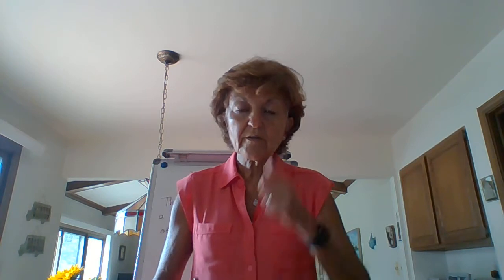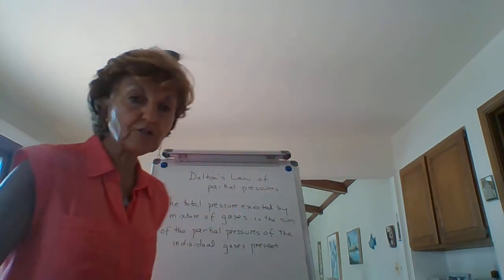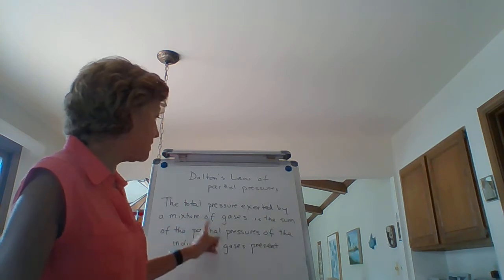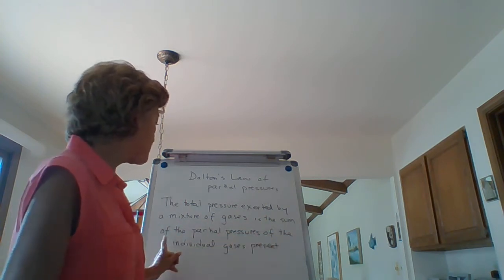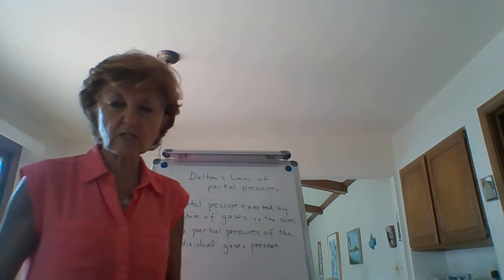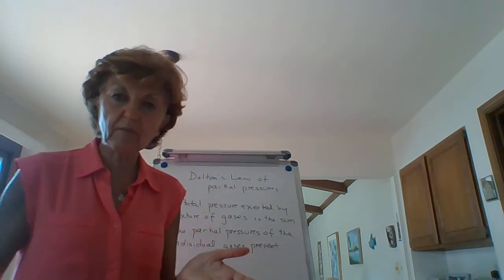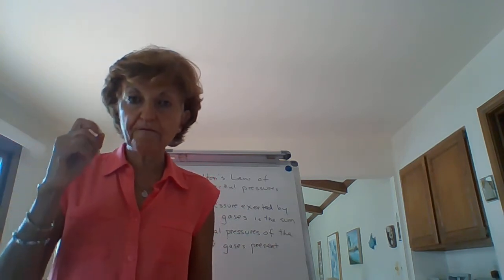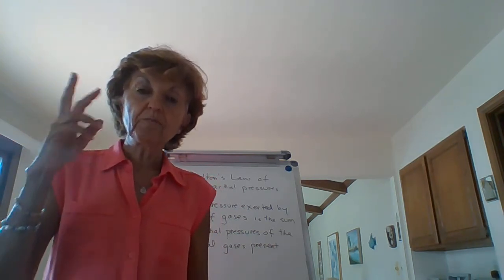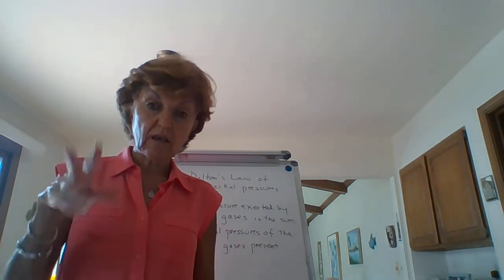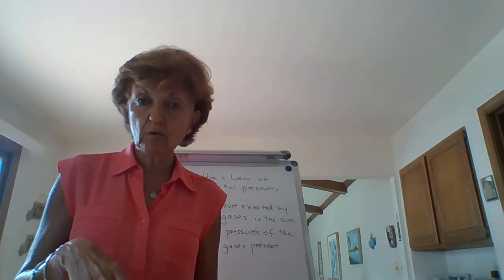Long story short, this is Dalton's law of partial pressure. This says the total pressure exerted by a mixture of gases is the sum of the partial pressures of the individual gases present. Now, I know it doesn't say anything about moles in this, but you just have to understand that if you have two gases and they have the exact same pressure in a container, they are the same number of moles, okay?